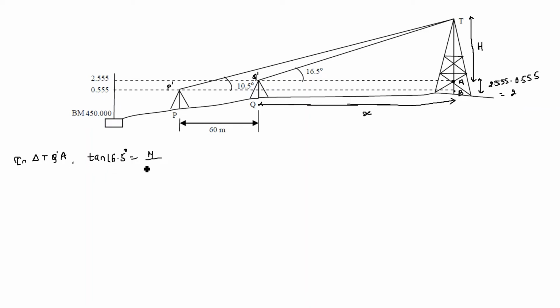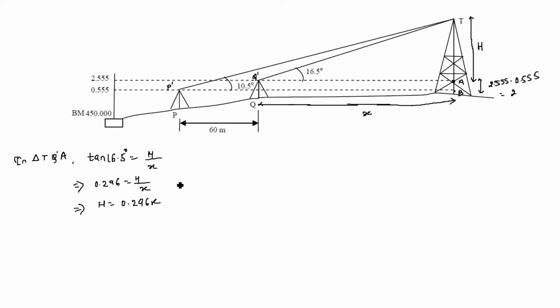So, tan 16.5 degree will be h by x. So, from here we can write tan 16.5 degree, that is 0.296, is equal to h by x. So, from here we can write h is equal to 0.296x.